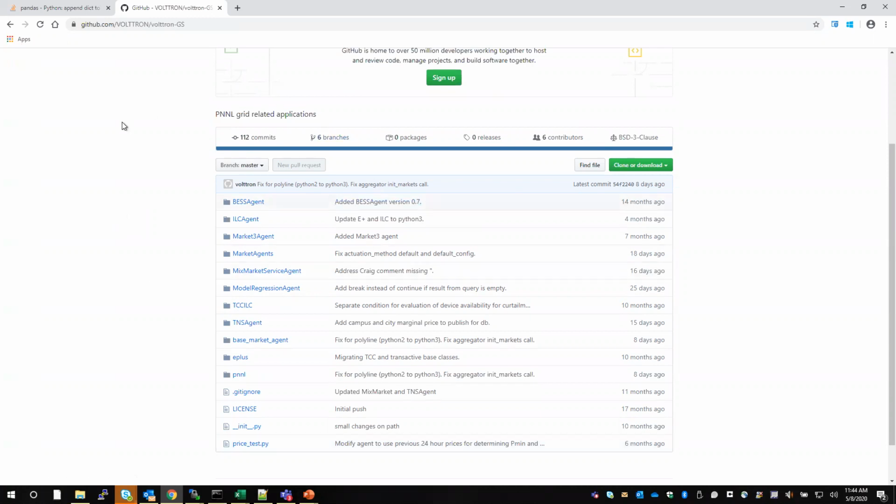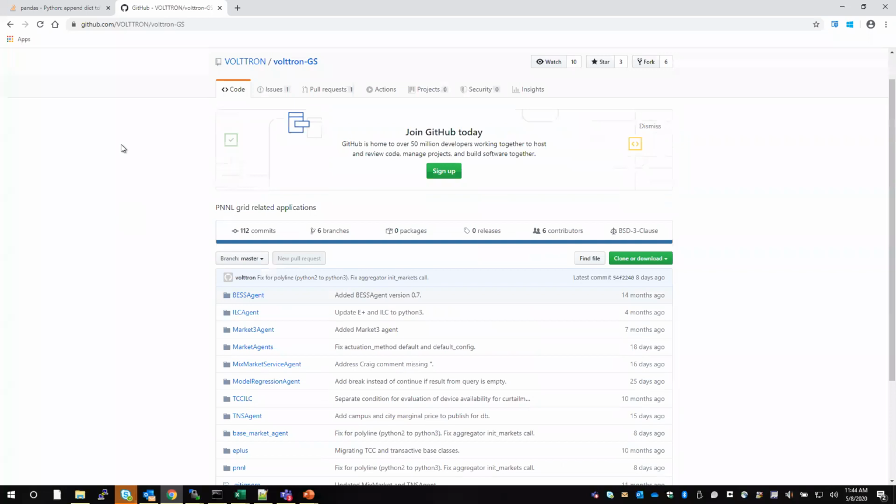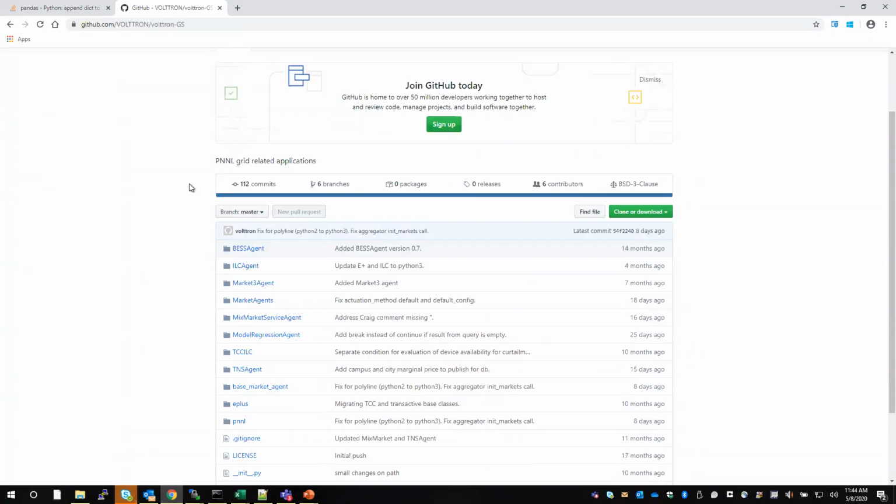Yeah, so this is going to be the repository where all of our applications live. We have another repository, the Voltron Dash applications, with a couple of our fault detection and retuning diagnostics that are still there, and we are going to migrate those over here as well.